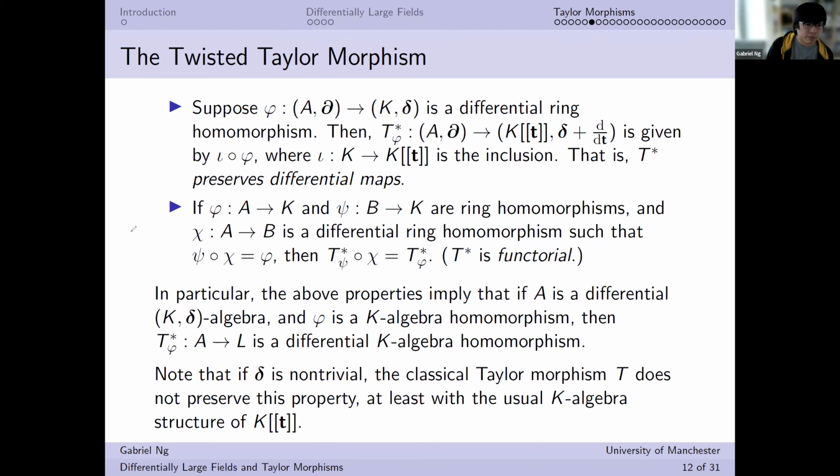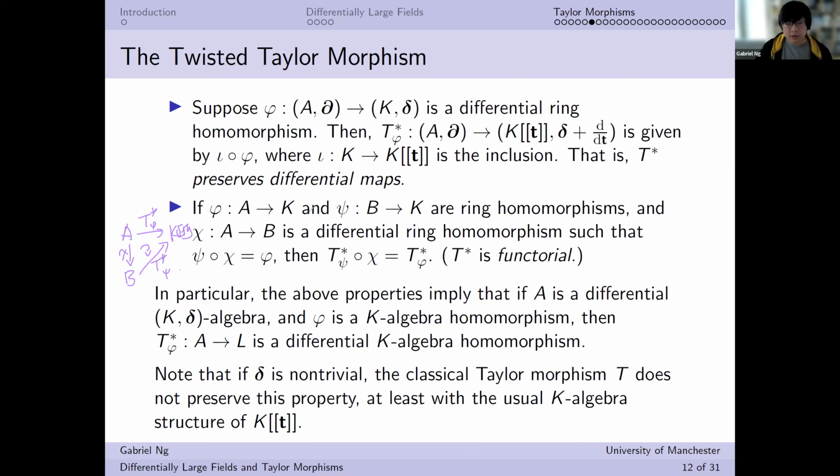If we have A going to K and B going to K, this is psi and this is chi, such that this commutes. And if chi is differential, then applying T star preserves this commutativity. So if that commutes, then the resulting triangle after applying T star, this is K double bracket T, also commutes.